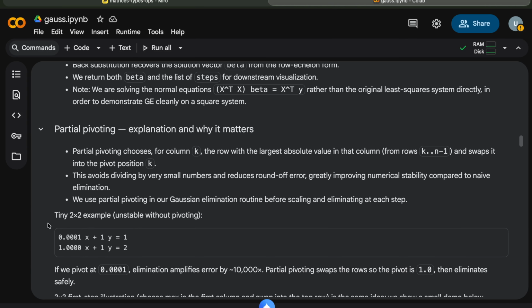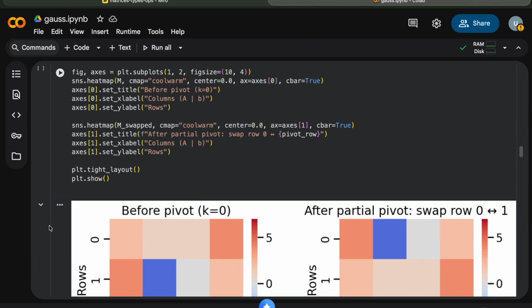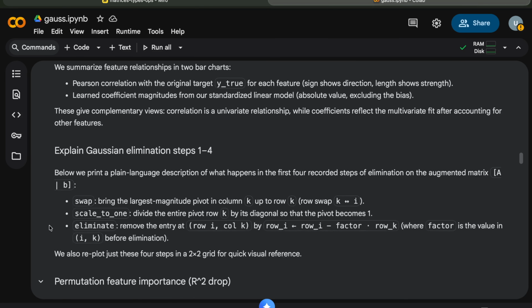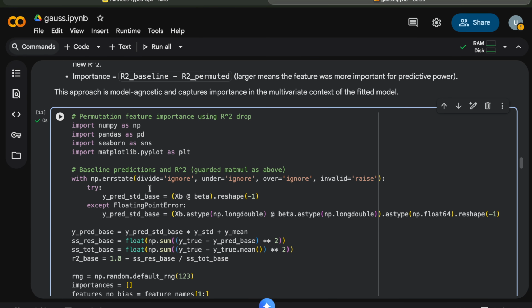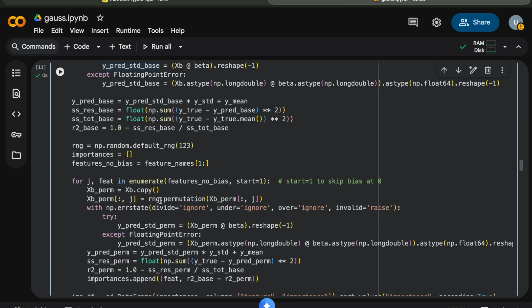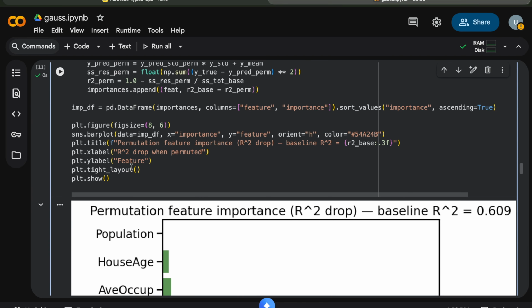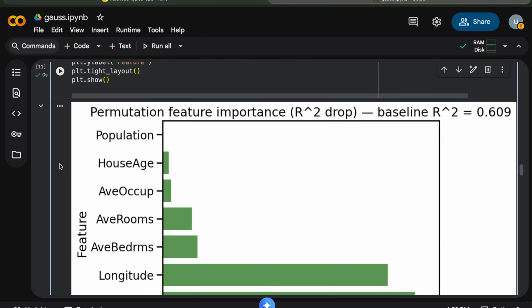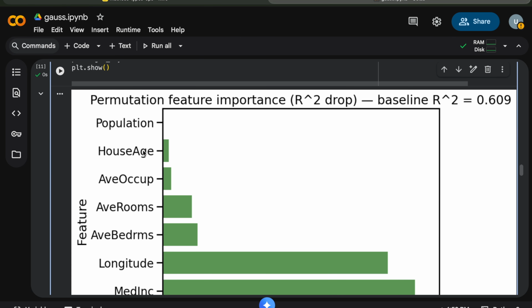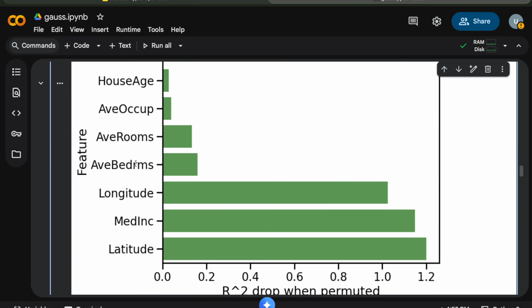Once we are done with that, we will observe the feature importance, like which features were very important in deriving the values. For example, these are the features here: population, house age, average occupancy.